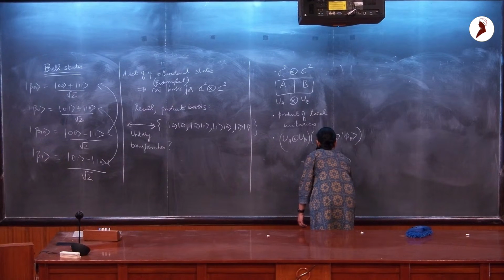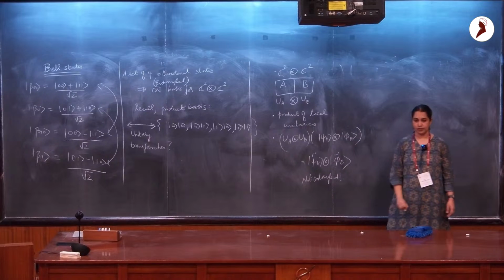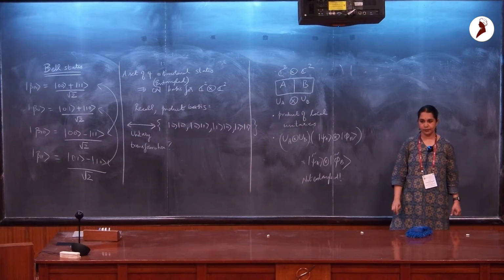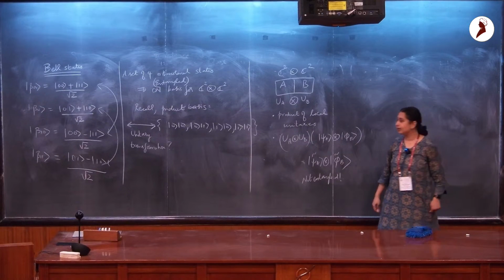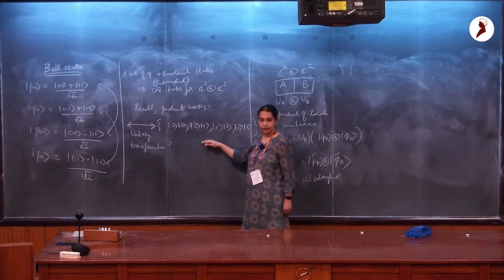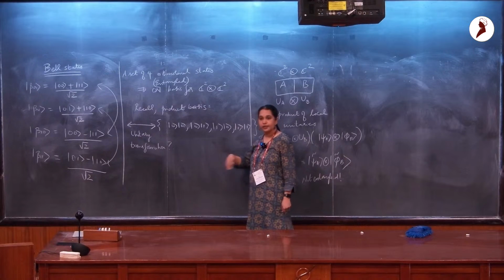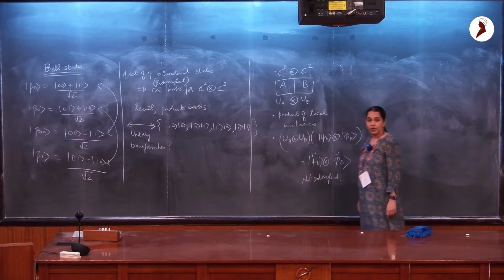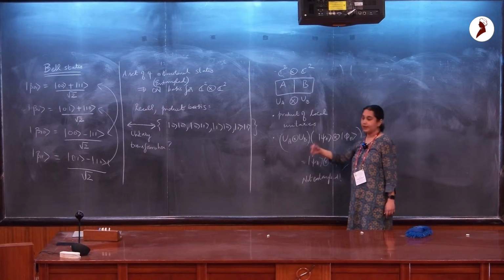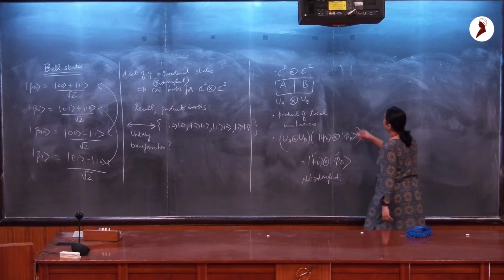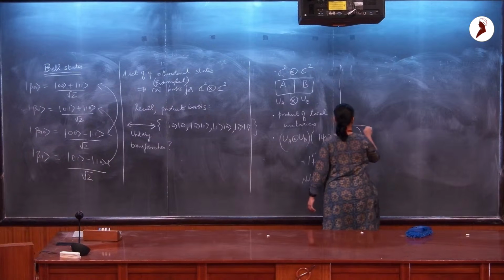I'm not going to get an entangled state like this. Is that clear? So in order to prepare an entangled state starting from a product state, I need a class of unitaries which are not of this product form, okay? And in the literature, these go by the name of entangling unitaries.